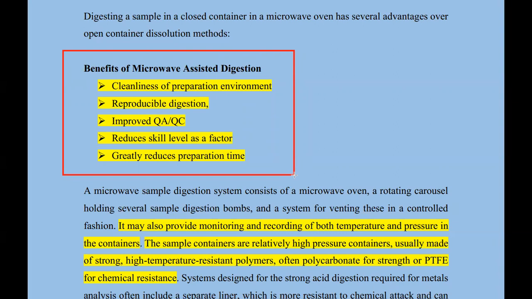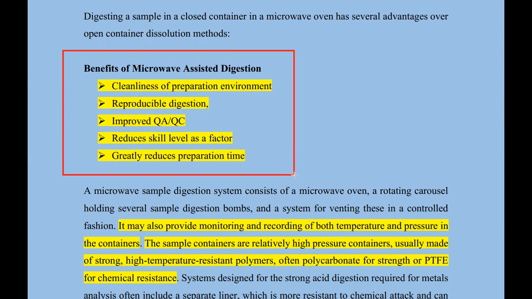The machine has to be designed in such a way that if there is dirt in there, it comes out with the smoke, within the fume. So there's quite a lot that is involved there. It's very clean, very clean. Then the other one is that the digestion is reproducible.